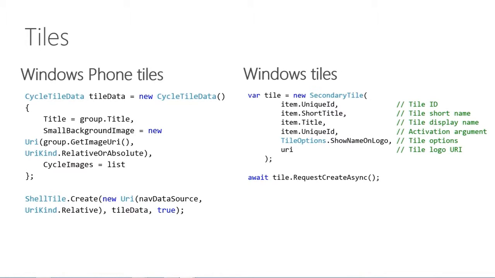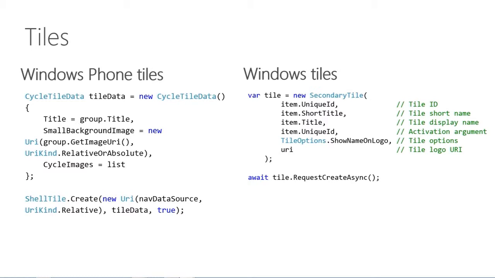So let's look at the differences there. You can see here the comparison of a secondary tile creation. Here we're using a CycleTileData, so it's the cycle tile template. We're giving it a title, we're giving it the background image using a URI, and giving it a list of images that it can cycle through as part of the cycle images.